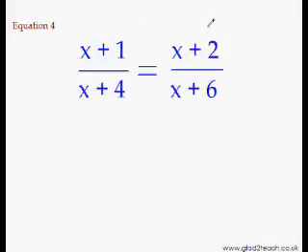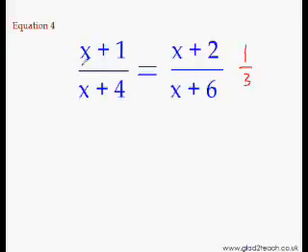So all we have to do is put some value of x, which will make these two fractions equal. So let us first try putting x equal to 0. So obviously this fraction would become 1 over 4 and this fraction would become 2 over 6. 2 over 6 can be simplified further as 1 over 3. So obviously 1 over 3 is not equal to 1 over 4.